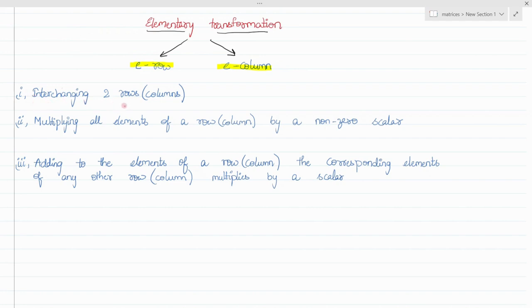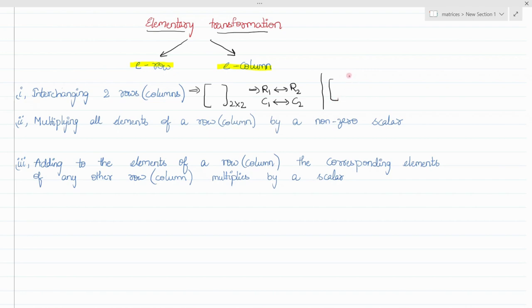First one is interchanging two rows or columns, which means for a 2 cross 2 matrix, we can write it as row 1 can interchange with row 2, because a 2 cross 2 matrix has only two rows. Similarly, column 1 can interchange with column 2 because this matrix has only two columns.